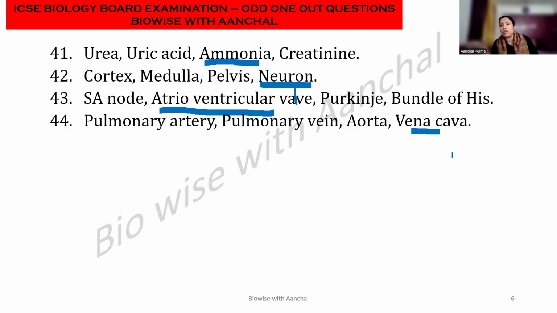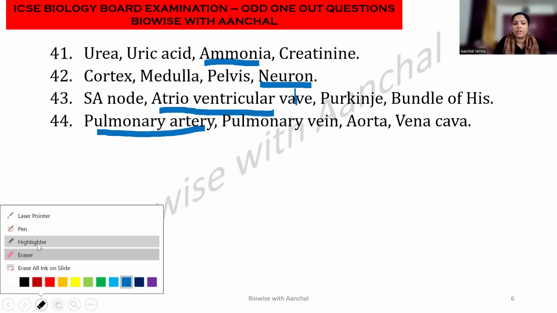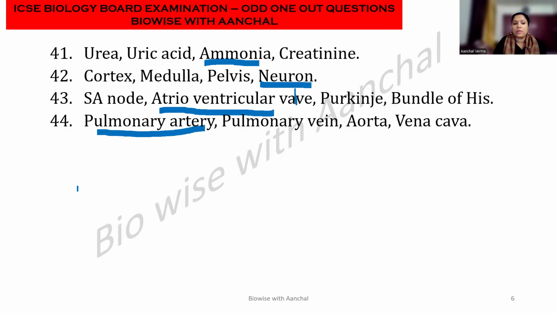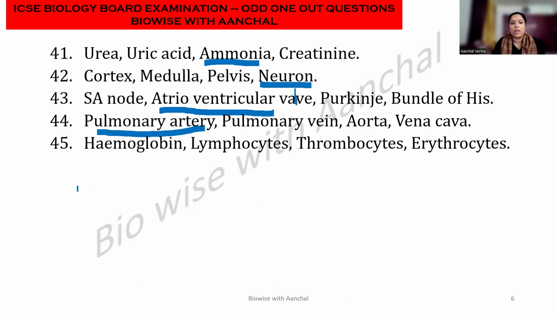The vein comes to the auricle, and the vena cava also comes from the body to the auricle. So here the odd man out is the pulmonary artery, because the rest are all parts of the systemic circulation. Is that clear? It is a little bit different in thinking. Okay. The pulmonary artery, because the rest are components of systemic circulation.